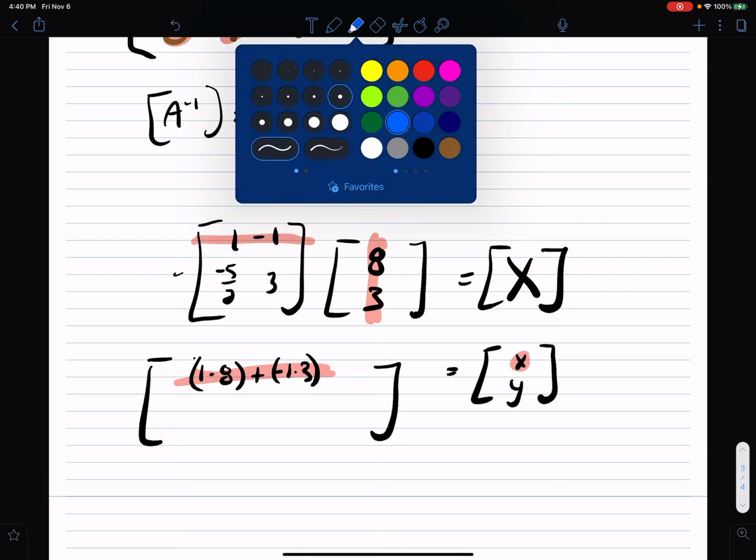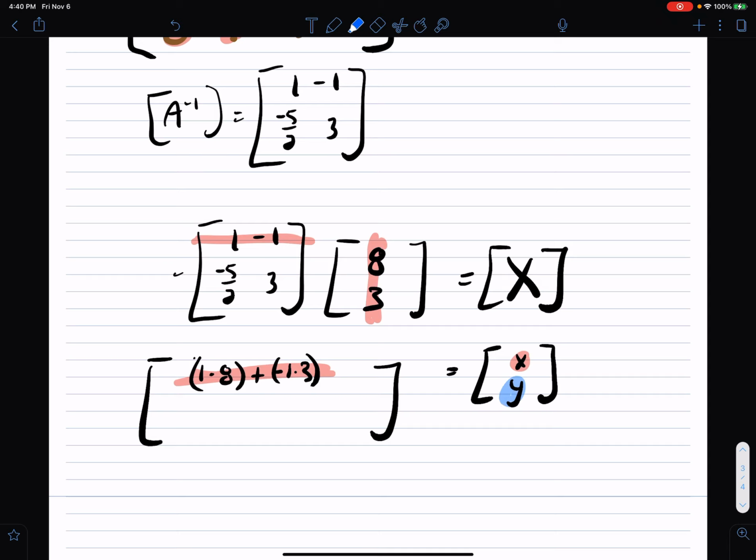If I wanted to figure out the value of Y, which is in row 2, column 1, I would take row 2 and multiply it by column 1. So I'd take negative 5/2 times 8, and I would add 3 times 3.